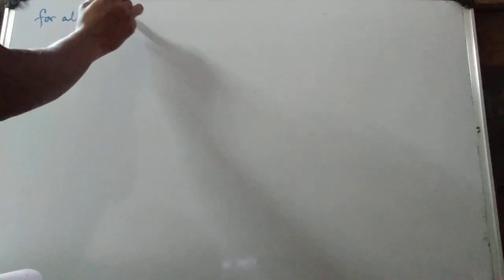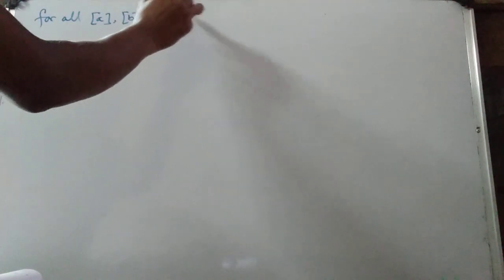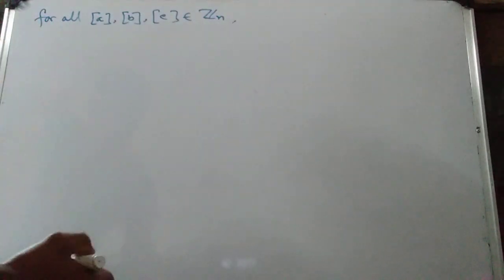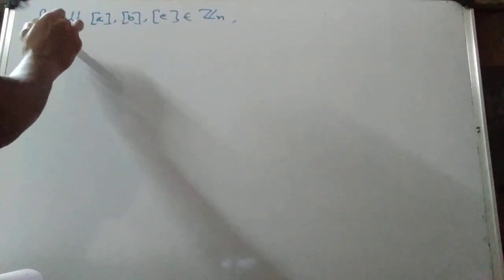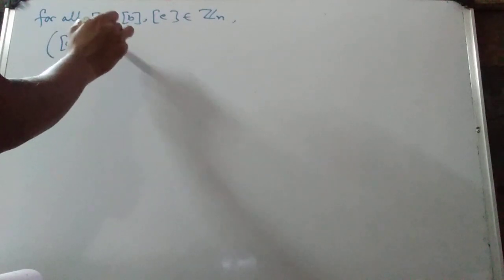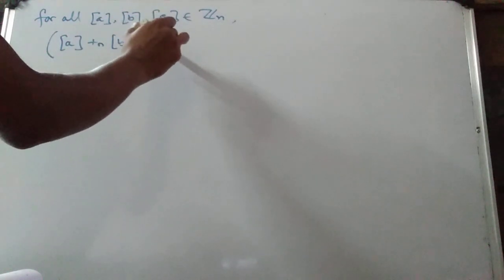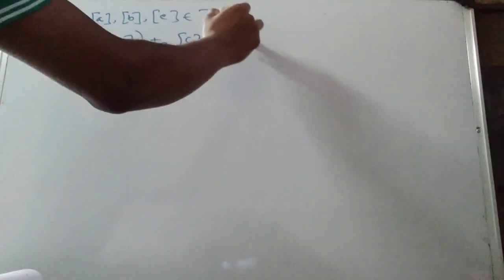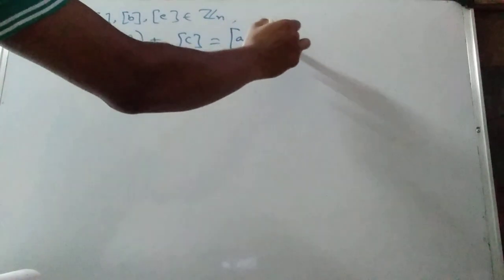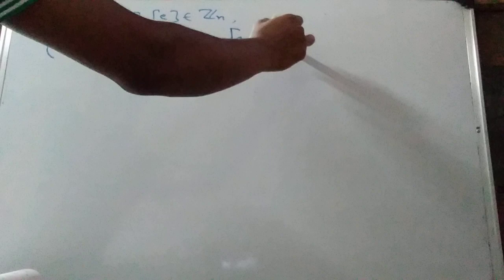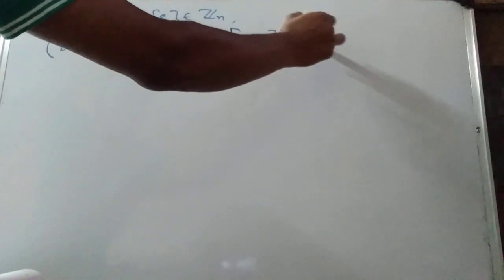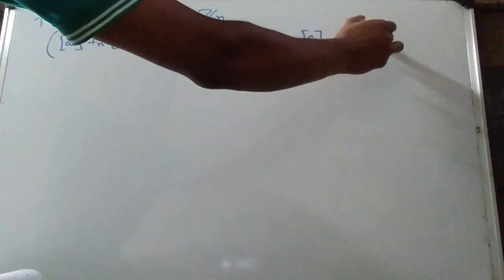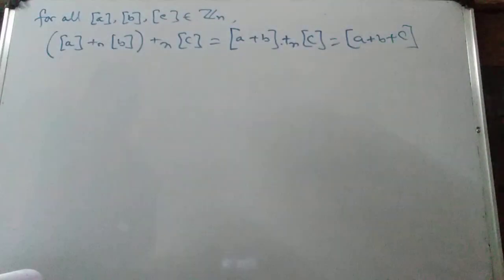Now we discuss that for all class A, class B, class C belonging to Zn, understood? Here class A plus class B plus class C equals, we write it this way, A plus B plus C, and this implies A plus B plus C. Understood?